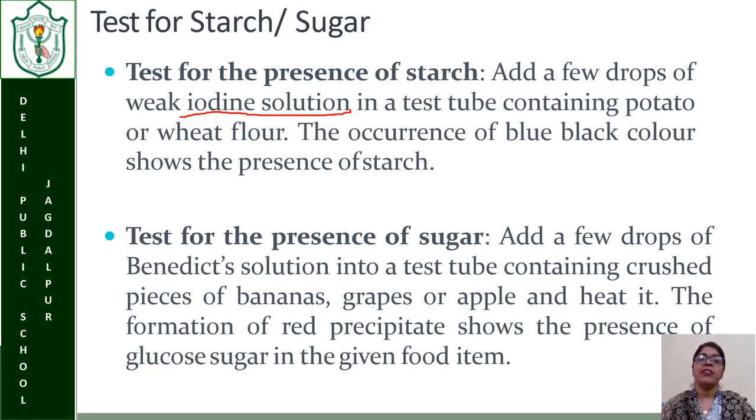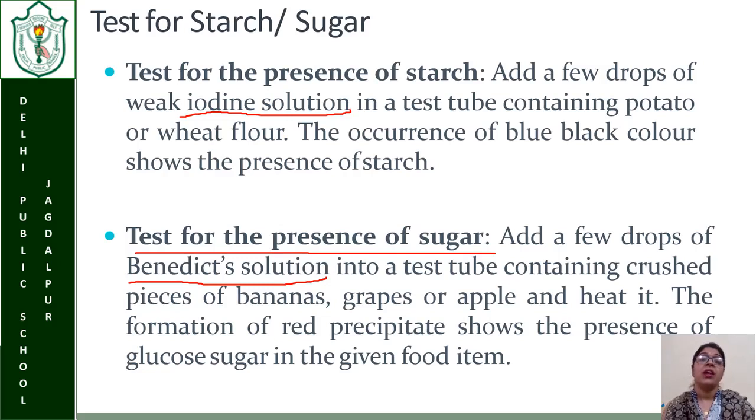Okay. Now the second one is the test for the presence of sugar. Now, in this we don't need iodine. We need a different solution that is called Benedict solution. What is it? Benedict solution. And as you know, the sugar is present in the fruits.